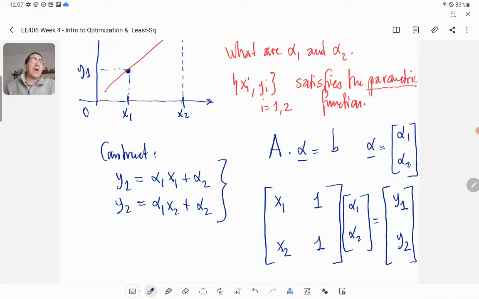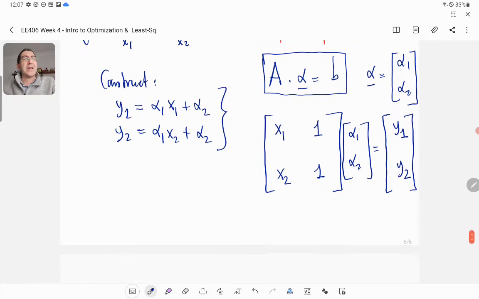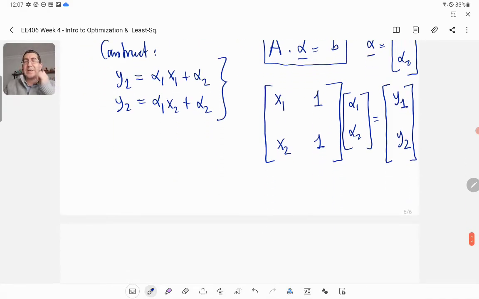So you have this linear algebraic form that we just discussed a minute ago, and we know how to solve it. We just need to take the inverse of the A matrix, and then multiply it with the y vector in order to find alpha 1 and alpha 2. So let's try to do that.